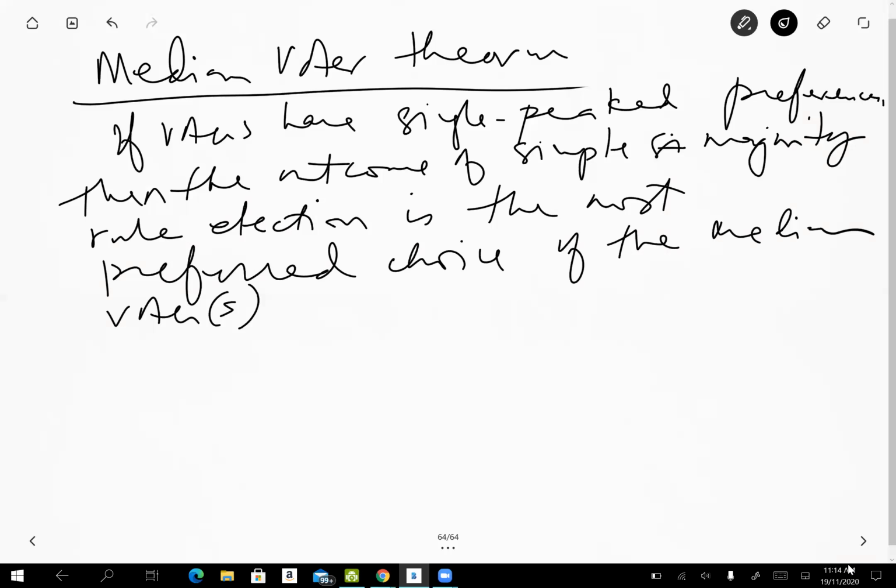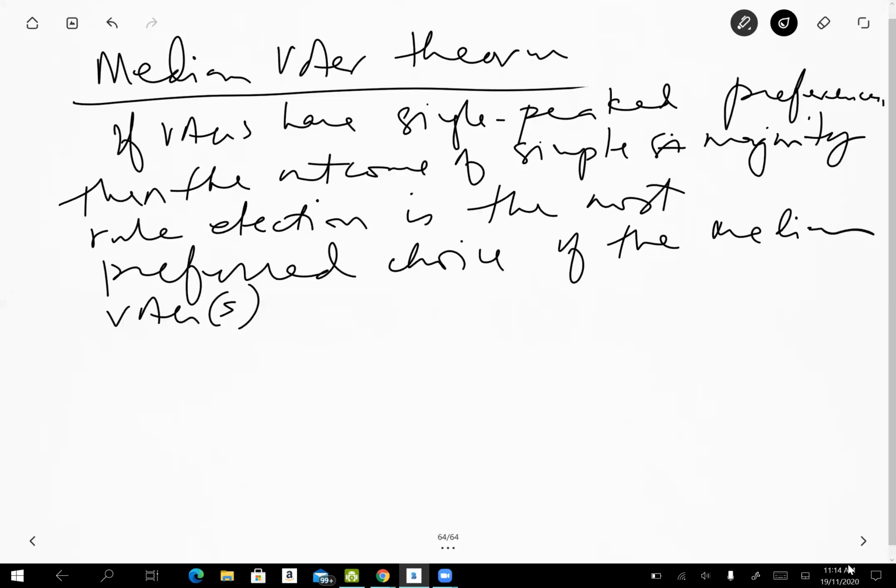That means you will come up with your policies or your proposals or your plan that is consistent, or if not consistent, very, very close to those people who are the median voters. Because if you handle them, you can win the election.